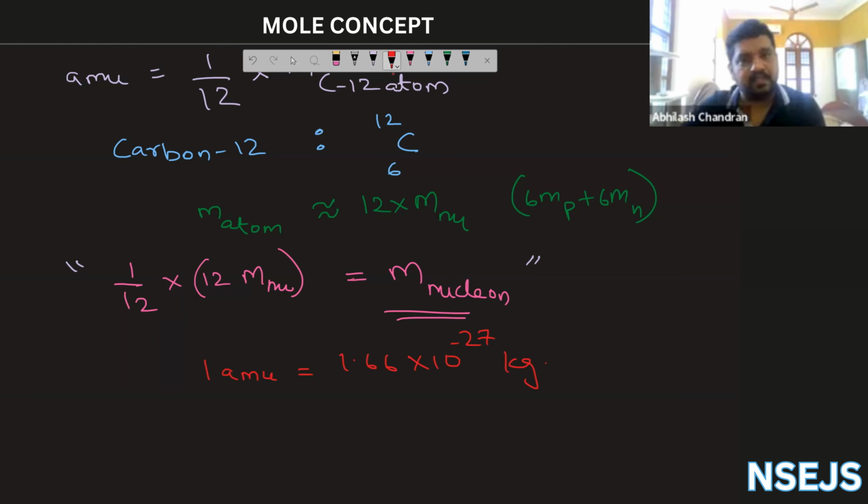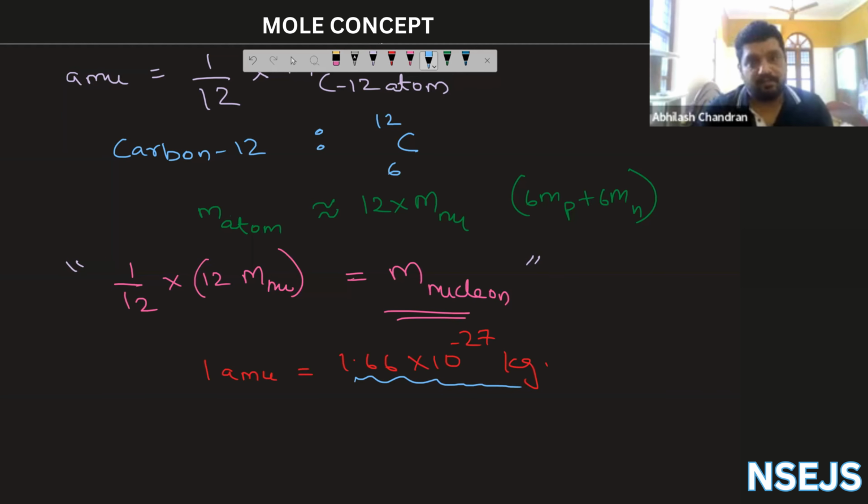This is slightly smaller. How is this even smaller? If there are 6 protons, 6 neutrons, and 6 electrons in a carbon 12, and I'm dividing it by 12, shouldn't the mass be somewhere close to the mass of a proton at least? Between proton and neutron maybe, but at least a proton. But this is actually even less than that.